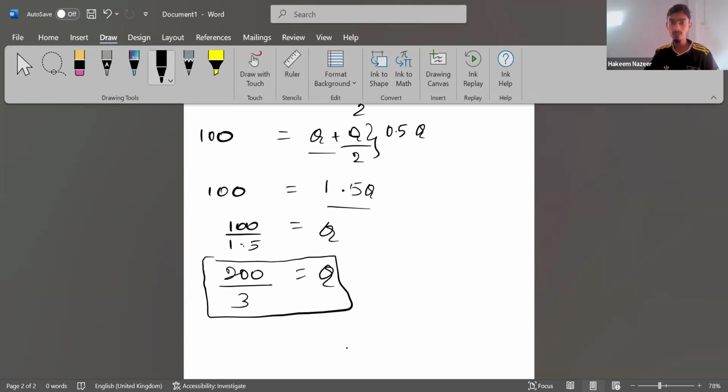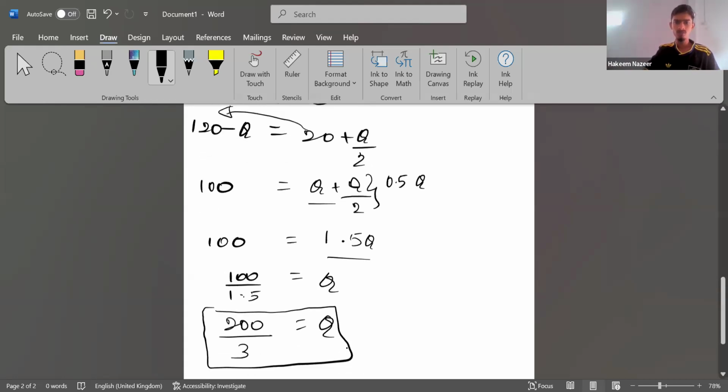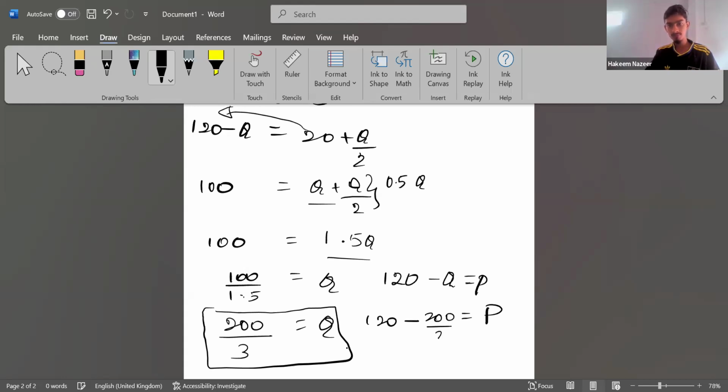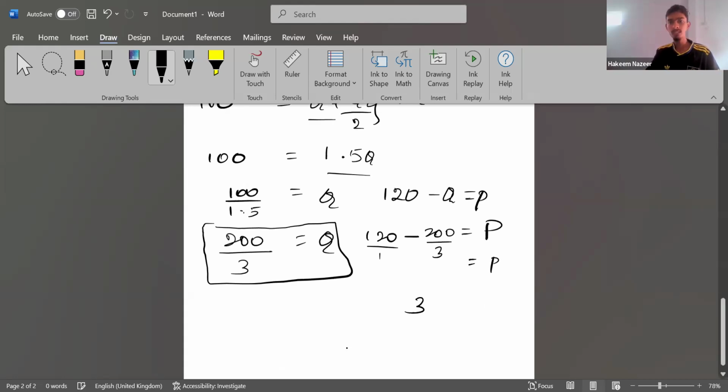And we need to identify the equilibrium price as well. We can take any formula. I took the demand. P equals 120 minus 200 over 3. With 3 as the denominator, 360 minus 200, so price equals 160 over 3.